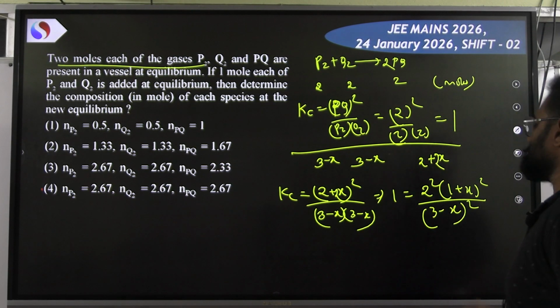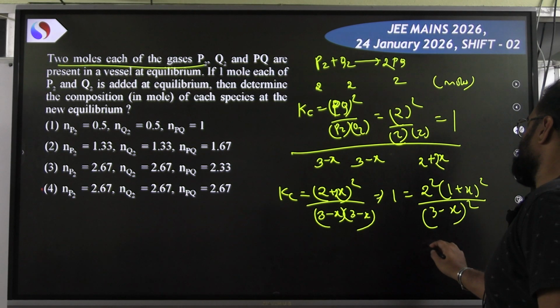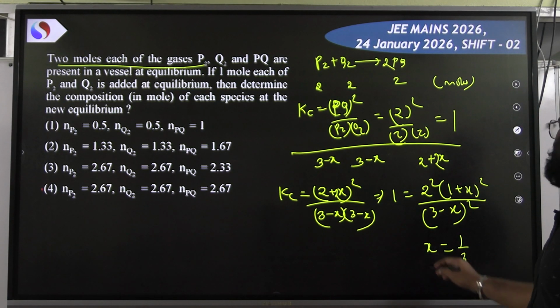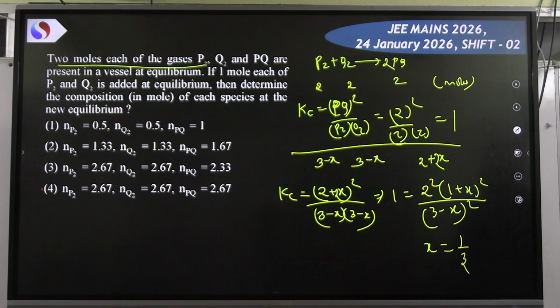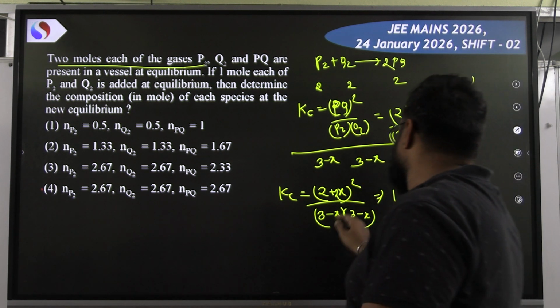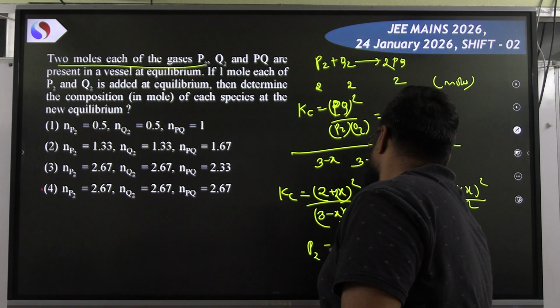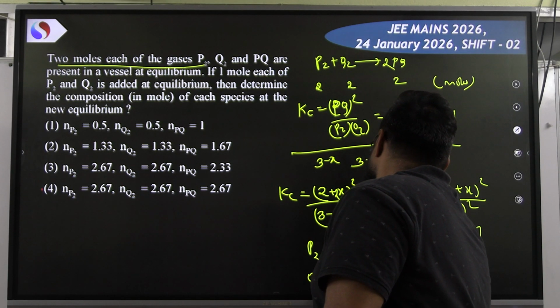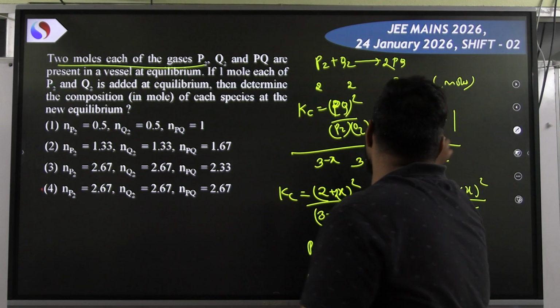On solving this, x will be how much? 1 by 3. So when x is 1 by 3, what is the concentration of P? P2 will be how much? 3 minus 1 by 3. Q2 will be how much? 3 minus 1 by 3.